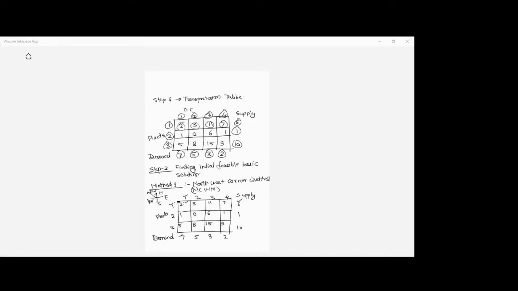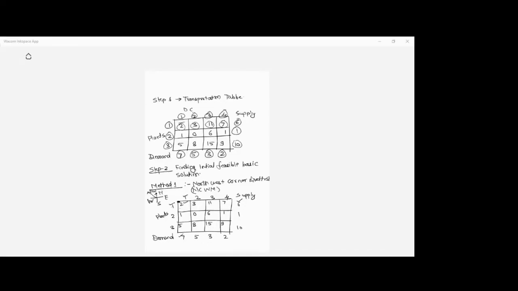Cell 1, 1 is with respect to plant 1 only, so your entire first row is with respect to plant 1, and the sum of the allocations of plant 1 should not be more than 6. Similarly, your column 1 is for distribution center 1, and the sum of the allocations here should not be more than 7.